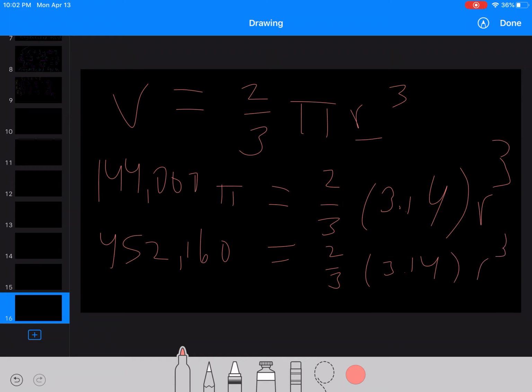Let's figure out what 2/3 of 3.14 is. Let's round that to the hundredths place. So we'll call that 2.09 r cubed. That's where we are right now.